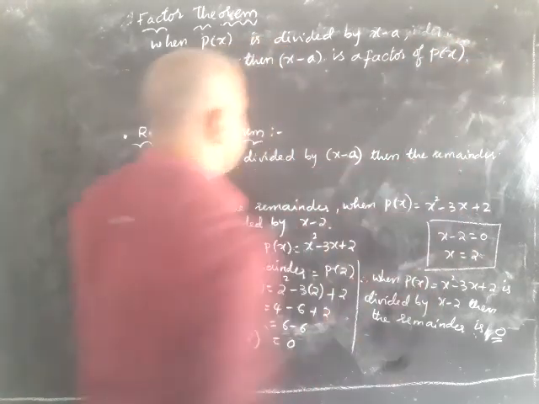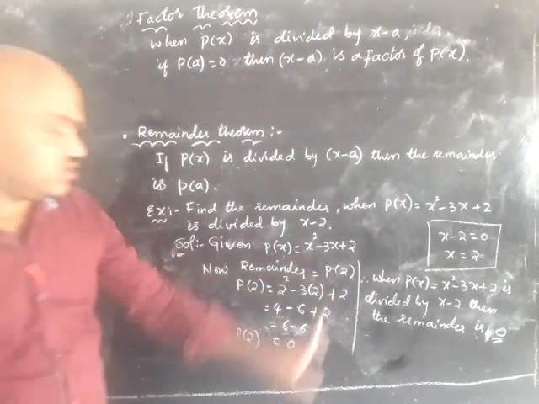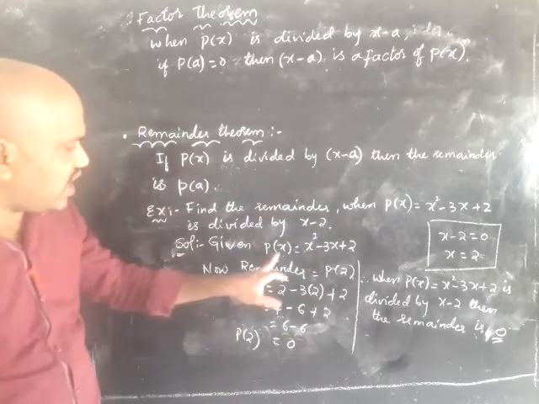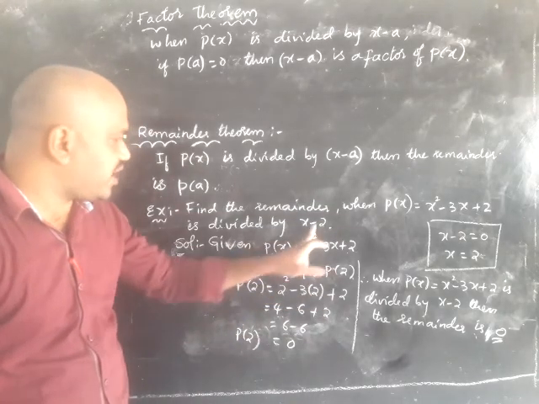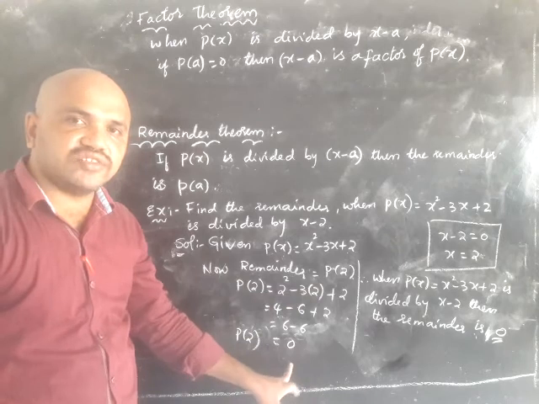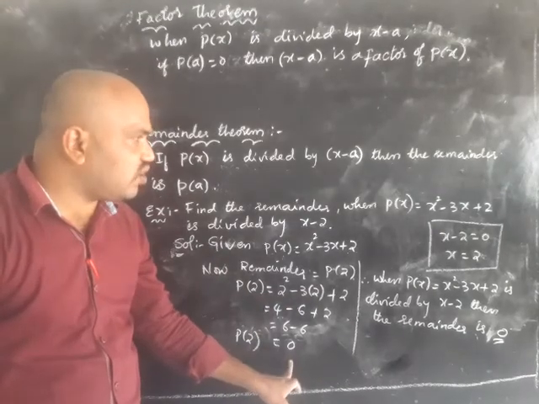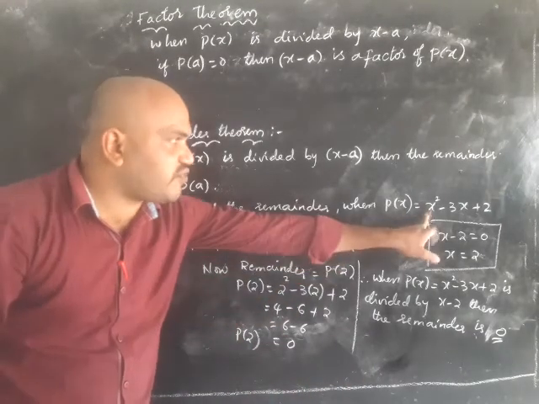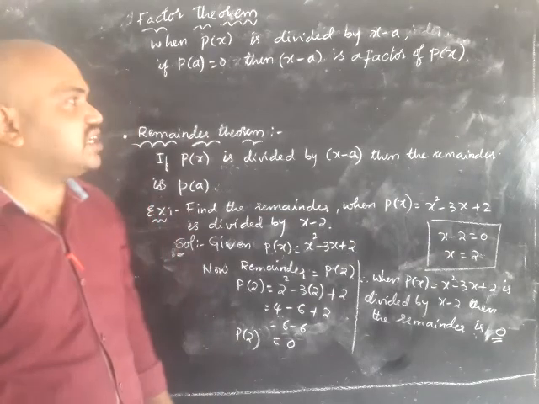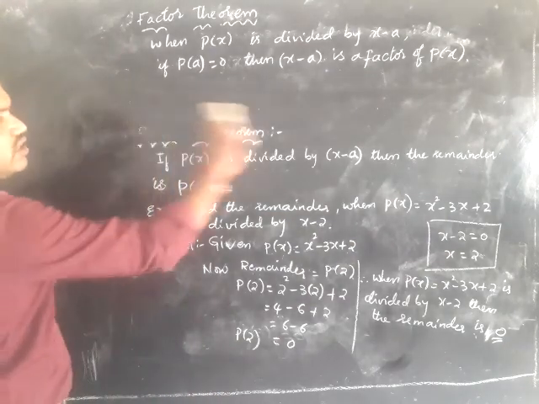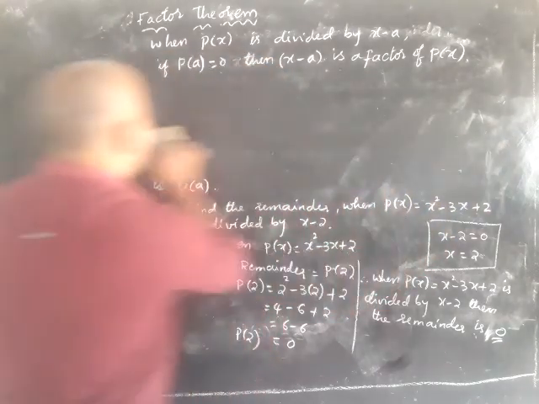The same example is here. When we divided this P of x with x minus 2, what was the remainder? 0. So if the remainder is 0, then x minus 2 is a factor of x square minus 3x plus 2.